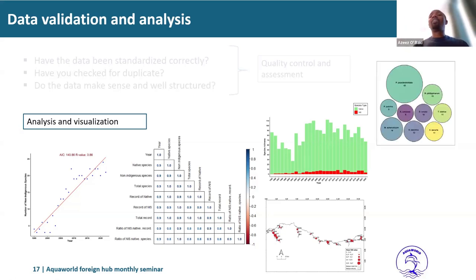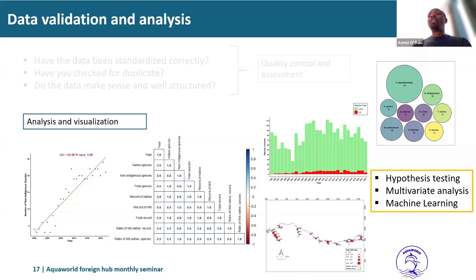Another way is to show something like a circular plot. You show the number, and the bigger the number, the bigger the circle. The smaller the number, the smaller the circle. So you can see from here that this particular species is most abundant in this particular water body, or that this particular species is less abundant. So this is just the visualization.